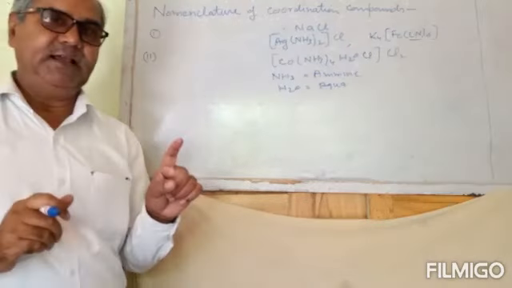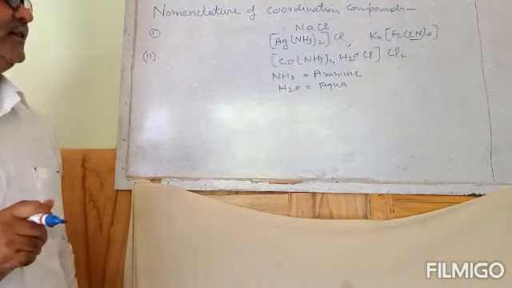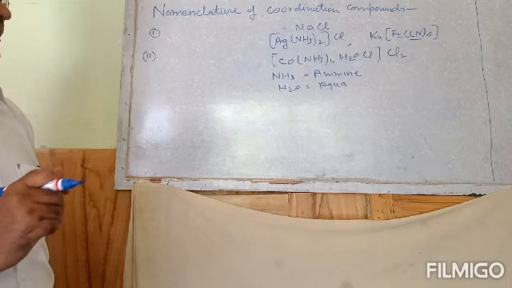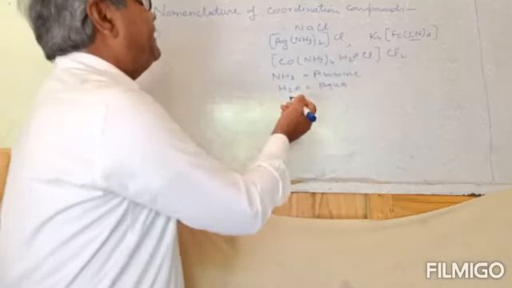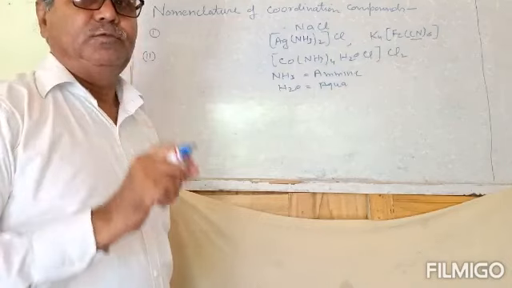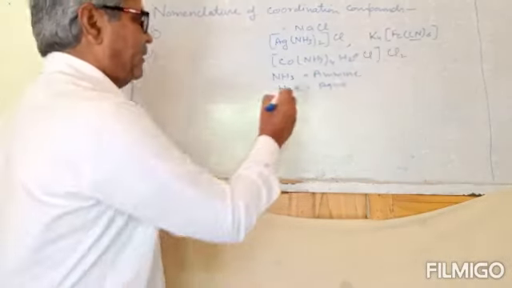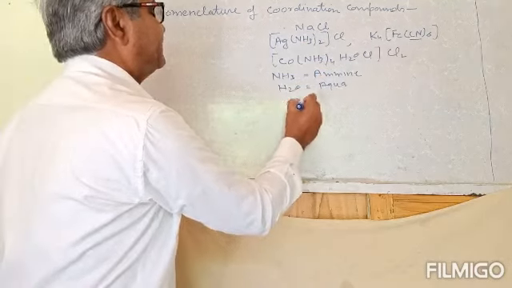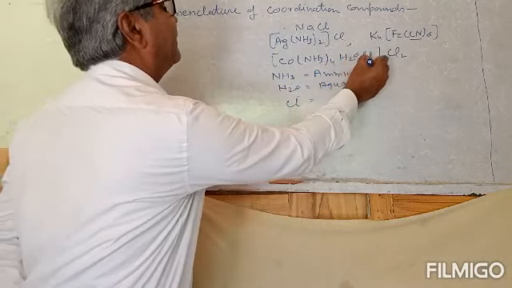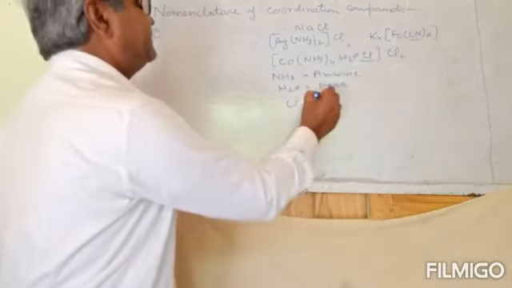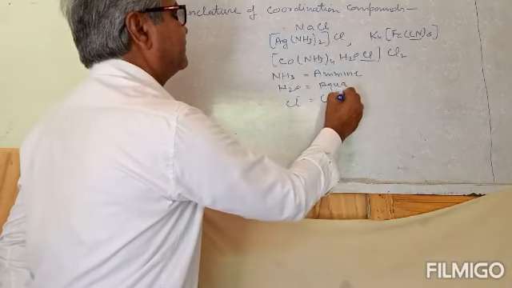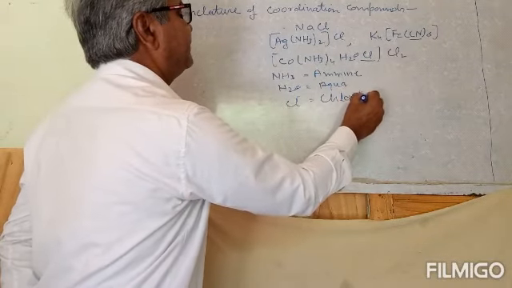And anionic ligands are named by adding O as suffix in their names. This chloride is named as chlorido.